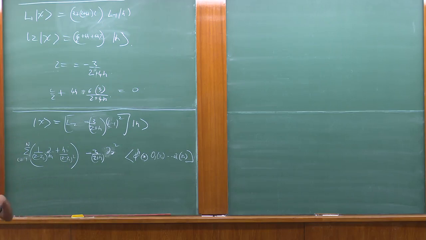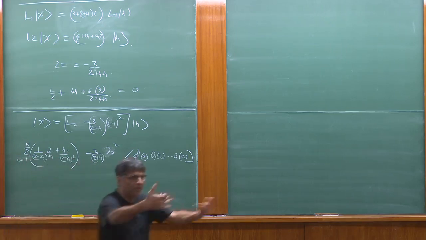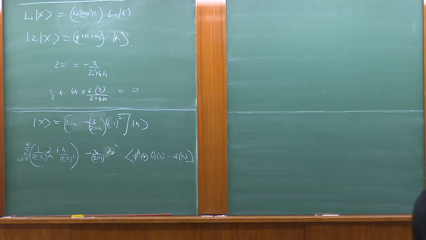You remember these two terms we got from the two terms in the OPE of T with the operator. We had more complicated expressions in general, but because it is L minus 2, it was relatively simple.